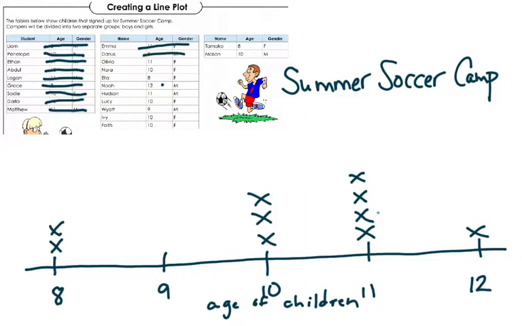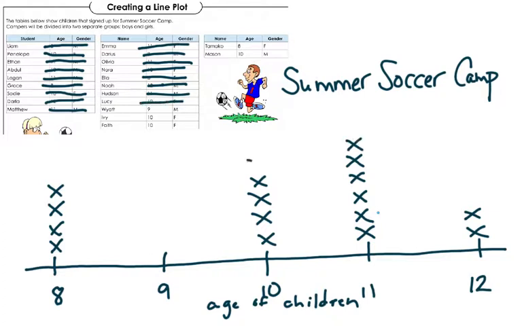Darius is 8. Olivia is 11. Nora is 10. Ella is 8. Noah is 12. Hudson is 11.